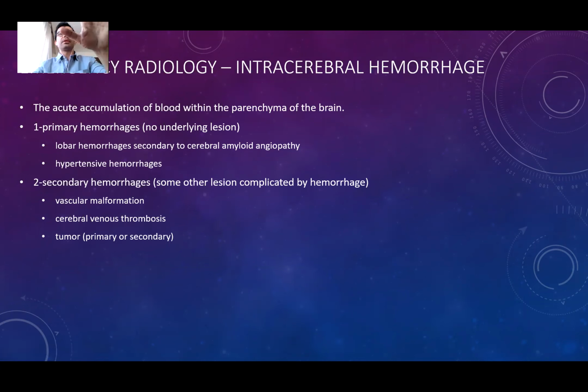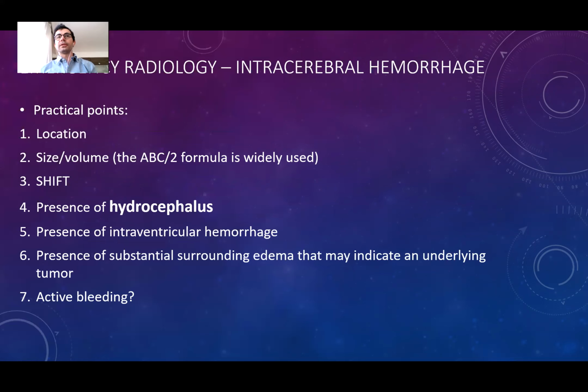The etiologies of intracerebral hemorrhages are very diverse, so it's not going to come to you as a question. But the important points when you encounter a case of intracerebral hemorrhage are pretty important, because the location and the volume of the hemorrhage are directly related to the clinical course of the patient.